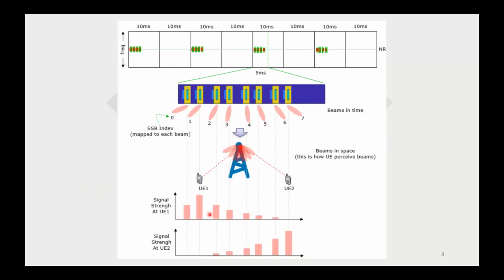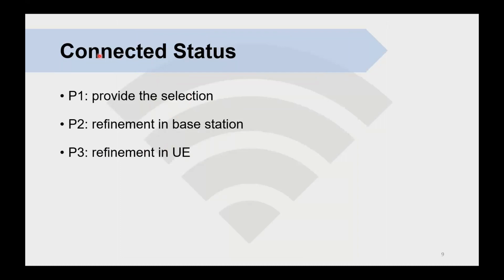For example, the UE gets the strength of all of the beams, and for UE1, it considers the second beam the best, so it reports it. They report the result back to the base station. After the initial access, it will enter the connected status.